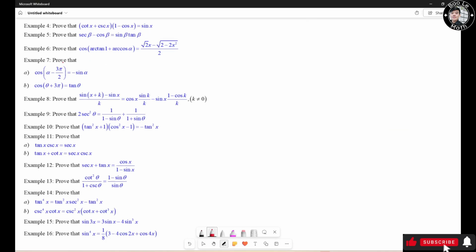Now let's move on to example number 6. We need to prove the left hand side equals the right hand side. Alright, now we start from the left hand side, so it's going to be cosine of inverse tangent of 1 plus inverse cosine of s, right?